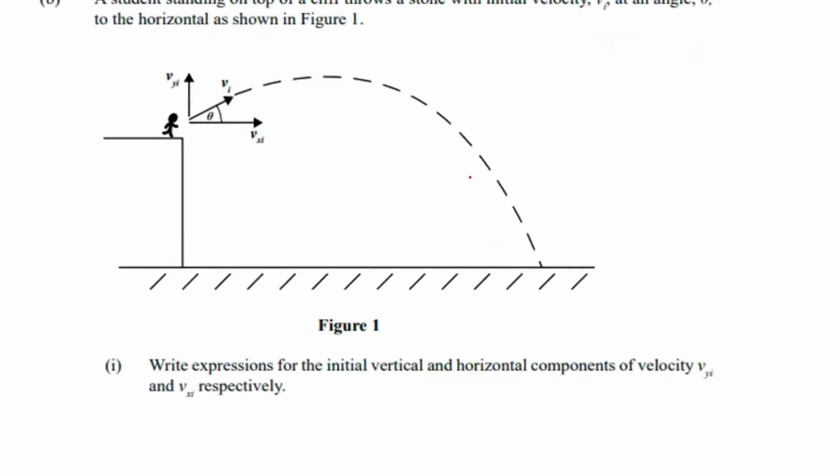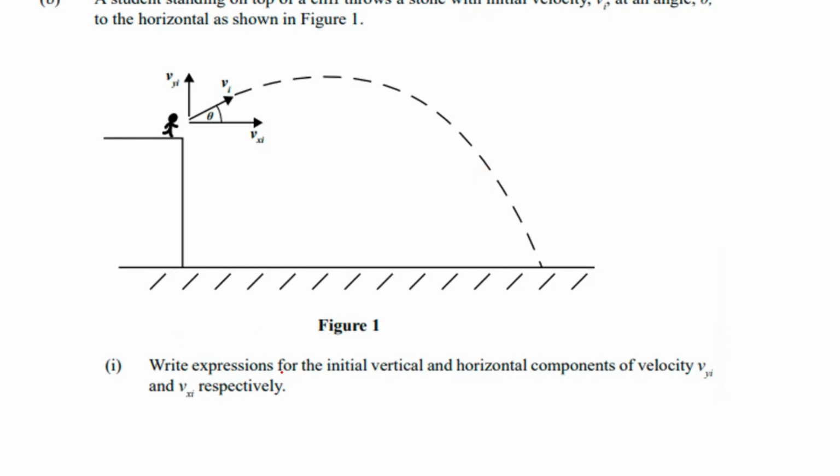Now, just another projectile type of scenario. A student standing on the top of a cliff throws a stone with an initial velocity vi at an angle of theta to the horizontal.